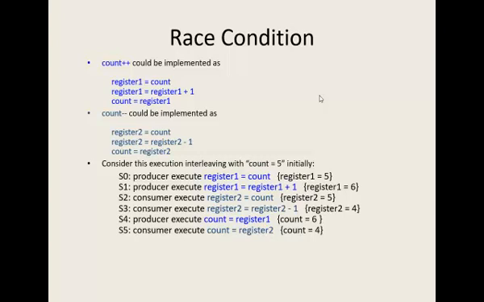So count is the shared variable. The critical region for each of the producer and the consumer is indicated in these two code segments: copying the count value into register 1, increasing register 1, and copying the register 1 value into count. Those three lines of instructions would be the critical region.